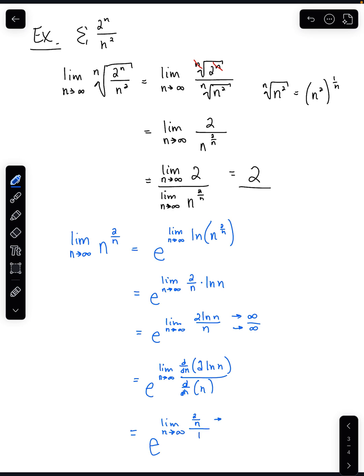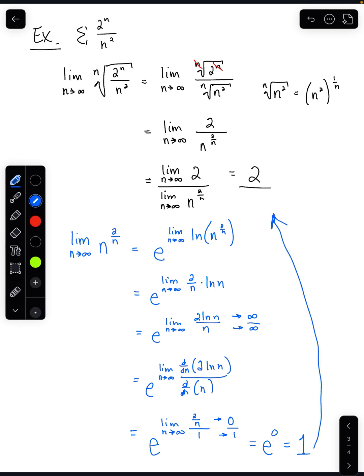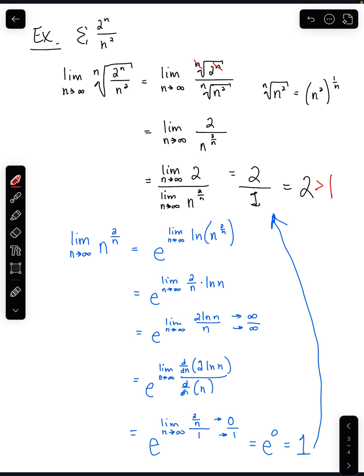So the numerator of this will approach 0 while the denominator approaches 1, and therefore we have e to the 0, which is 1. That is the denominator up here, so that the overall limit is equal to 2. That is bigger than 1. By the root test, this then diverges.